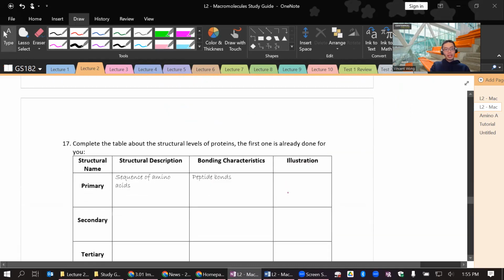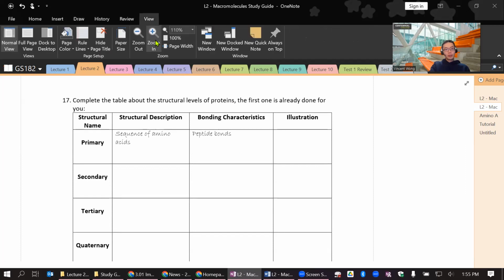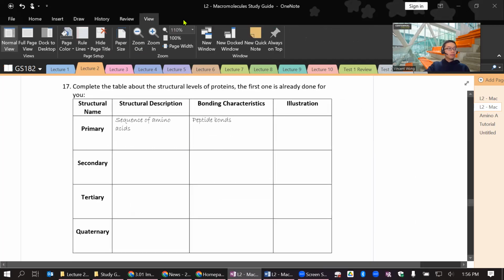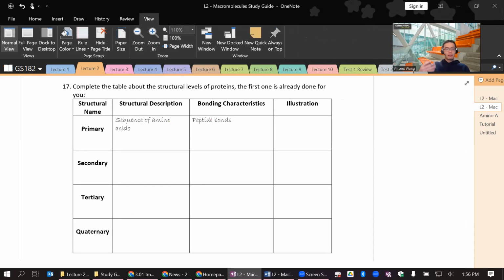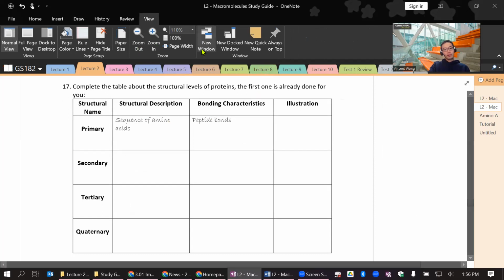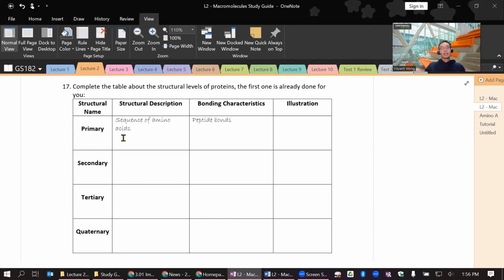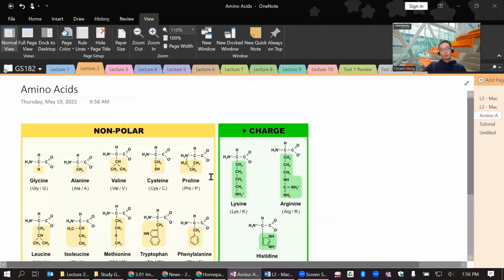When we talk about protein, it is important to understand the levels of organization of proteins. Generally there are 4 levels of structure. The primary structure is the sequence of amino acids. If you connect all these amino acids together and read from one end to the other, that sequence is called the primary sequence. There are so many different amino acids, so maybe you connect alanine with valine, then lysine, phenylalanine, and so forth.